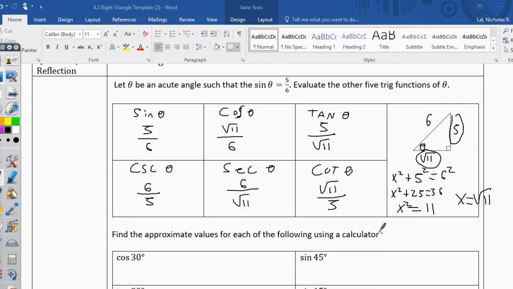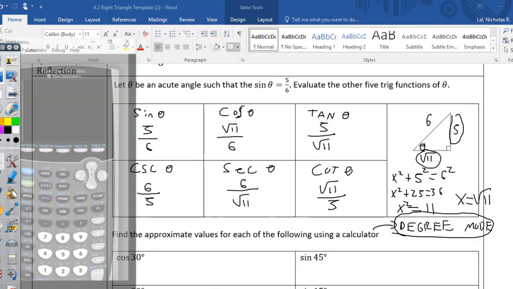So for the next section, make sure you're in degree mode. You hit mode, and then you hit degree. Mode is below your window button. Let's pull up the calculator here.